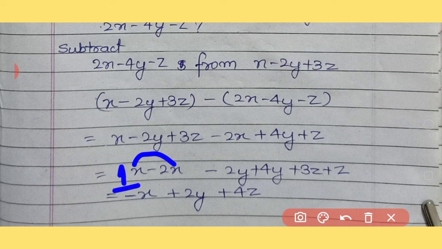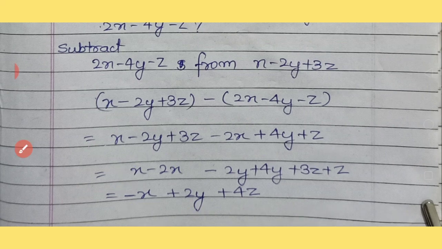So 2 minus 1 is equal to minus x. And 4y will subtract 2y, getting the answer 2y. And the third, 3z plus z is equal to 4z. This will be the answer. Next question.